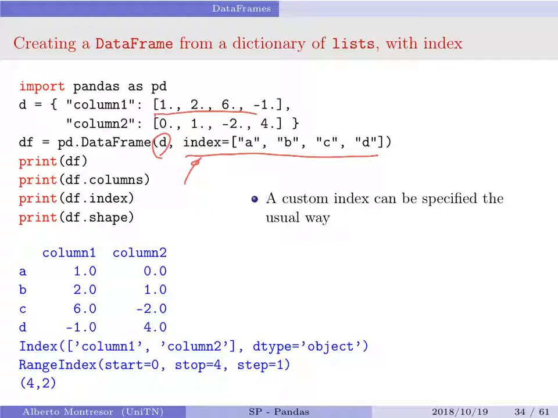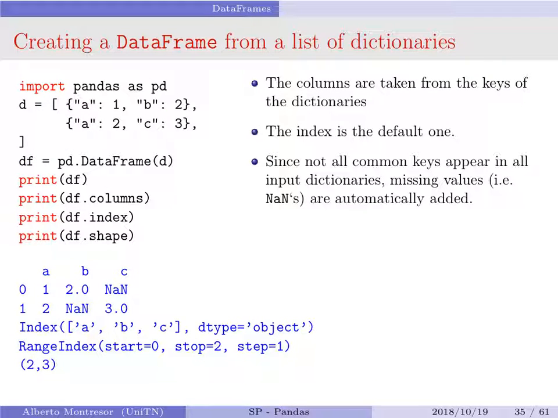But if you specify it differently, then you can add an index to all the columns that you have. So for example, here column 1 is these values, column 2 is these values, and then you can add an index here to all the elements in the same order. So sometimes it could be equal.